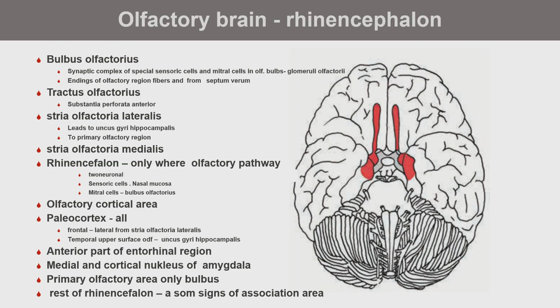So olfactory brain and the rhinencephalon. Olfactory brain is the original, which is made for analysis of distant chemical signals. It contains olfactory nerve, which is in intracranial space, bulbus, tractus, and stria olfactoria.